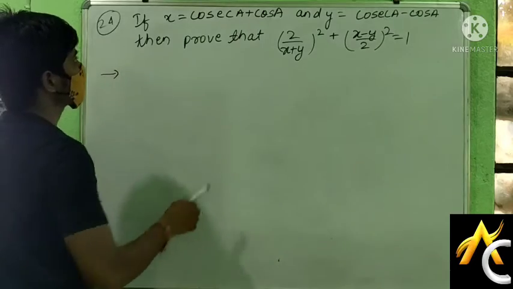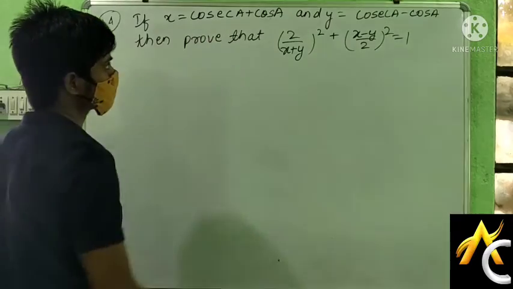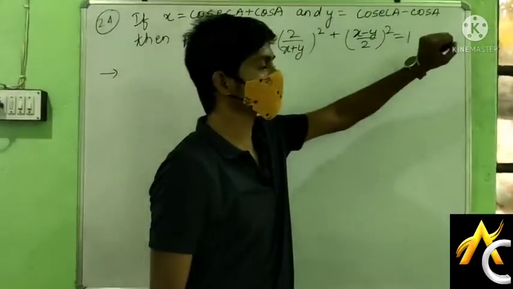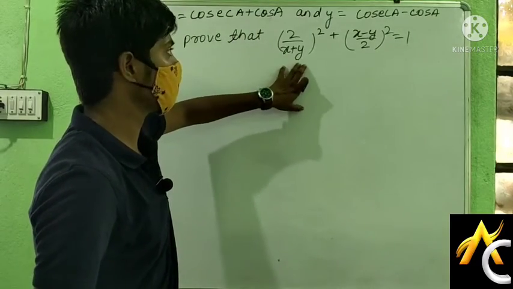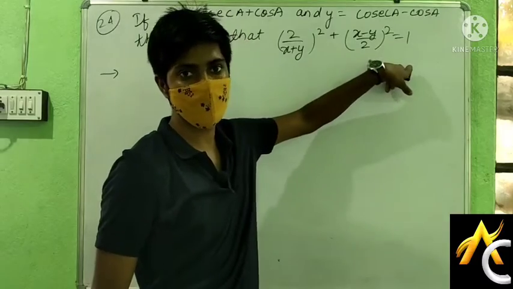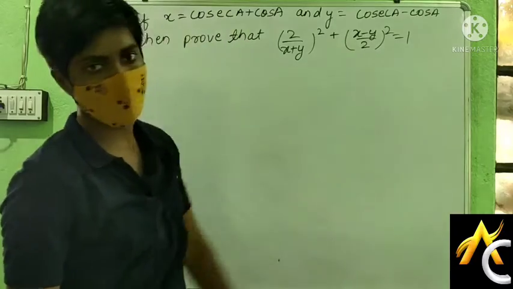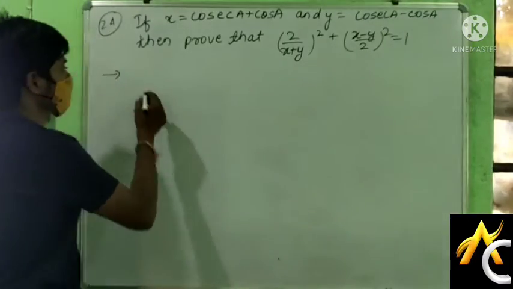Now, since it is given that x is equal to cosec a plus cos a and y is equal to cosec a minus cos a, so we are going to put directly the value of x as well as y in the left hand side of the given equation that we have to prove.